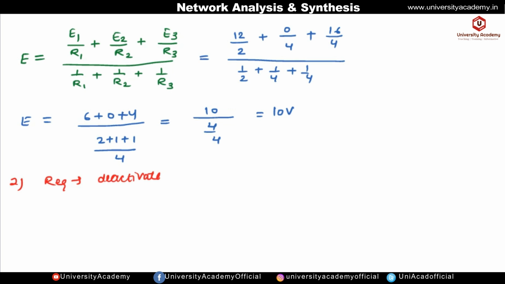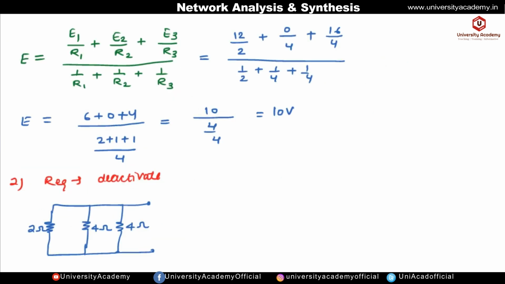so here a 2 ohm resistance is there. It will be connected in parallel with 4 ohm, and this is also connected in parallel with 4 ohm, and the load terminals are open circuited. So this is 4 ohm, this is 2 ohm, and this is also 4 ohm.